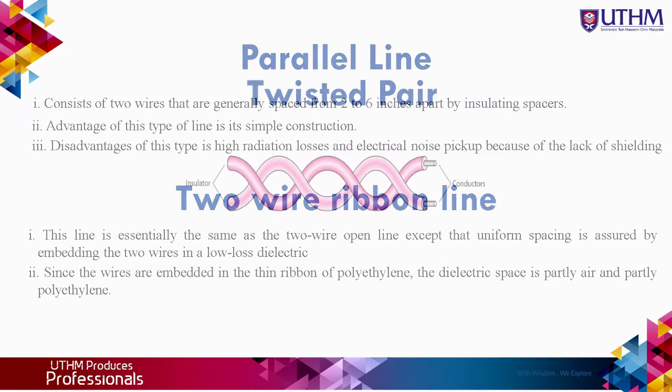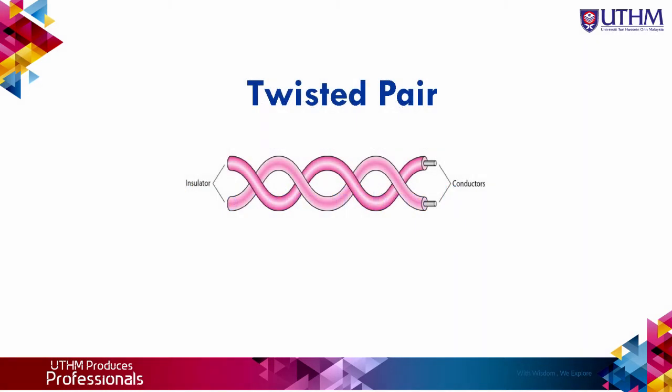Thank you. Hello, my name is Eldred Email. I'm going to present about the twisted pair line. Twisted pair is the simplest, oldest, and lowest-priced cable medium. It is made up of two insulated copper wires, typically twisted around each other in a continuous spiral.